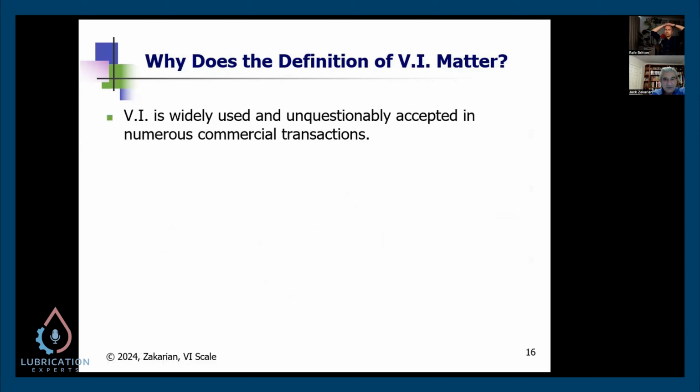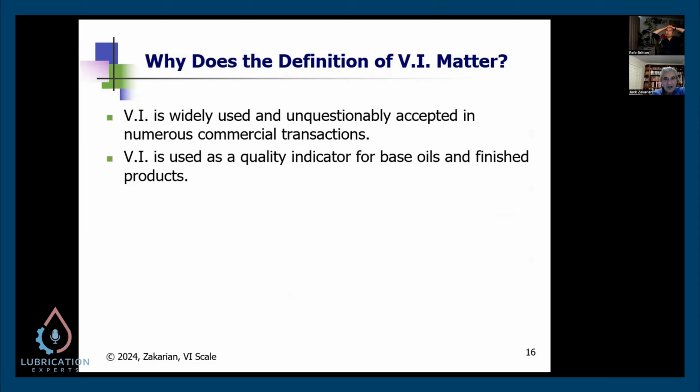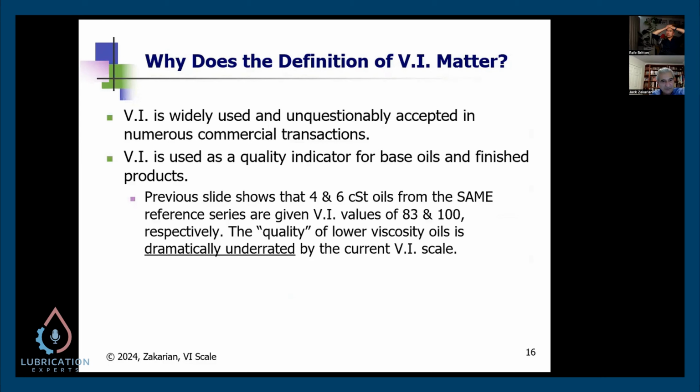And that can lead to some misunderstandings about the quality and the viscosity-temperature behavior you're really getting when you purchase oils based on VI alone. Also, VI is used as a quality indicator. And so if low viscosity oils are being underrated, that's saying those oils are low quality, when actually, you'll see later, they're actually higher quality on a viscosity-temperature basis compared to the higher viscosity oils.